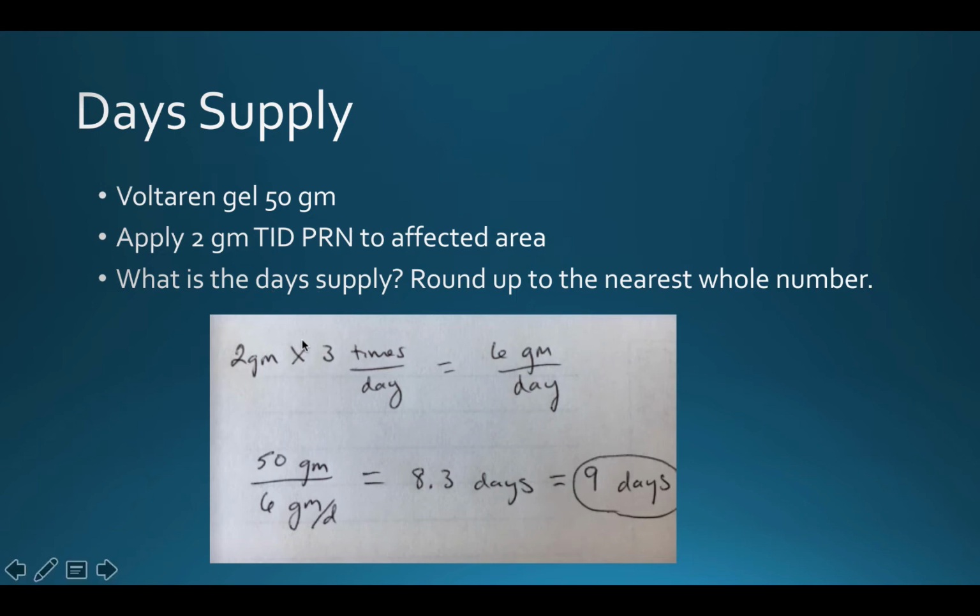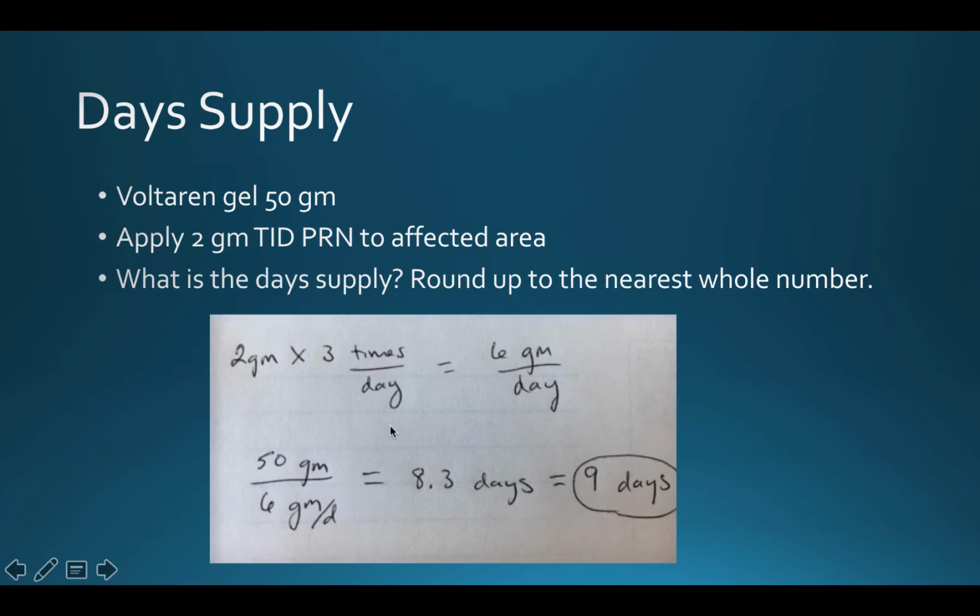So 2 grams 3 times a day, so that would be 6 grams total. And so 6 grams per day, I think you can see that written out here, divided by, 50 grams is what we have total, divided by that 6 grams per day.